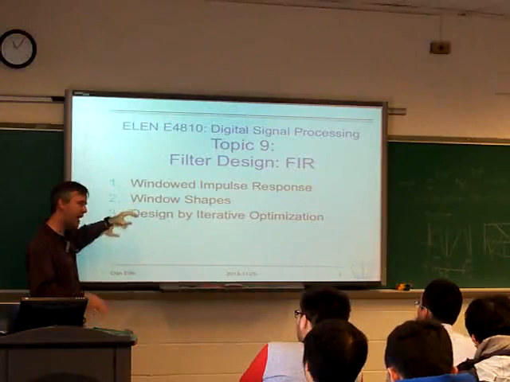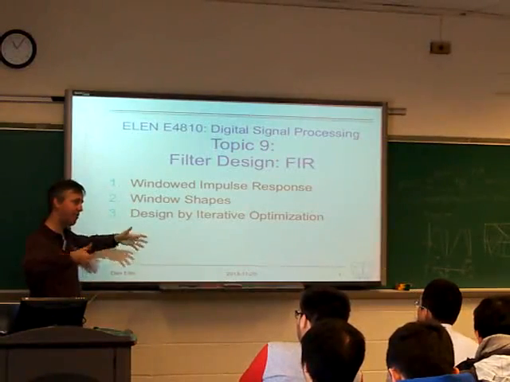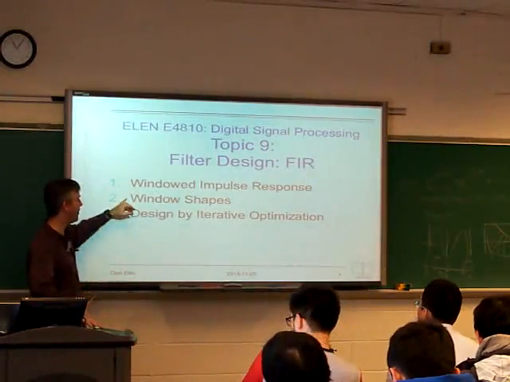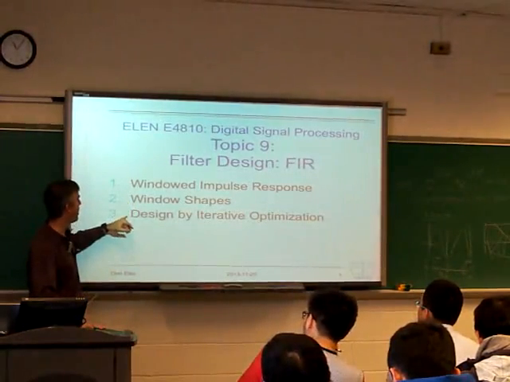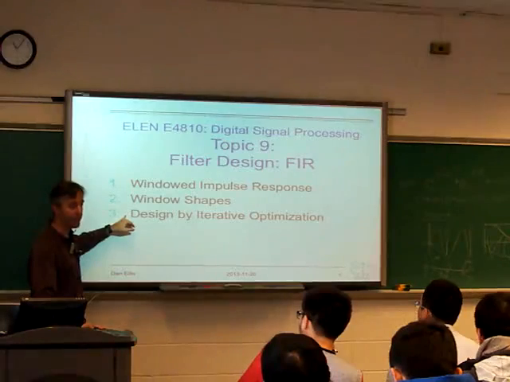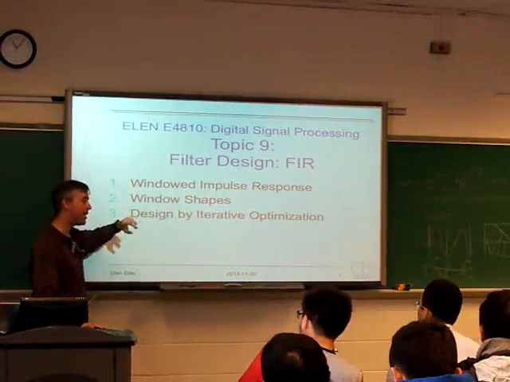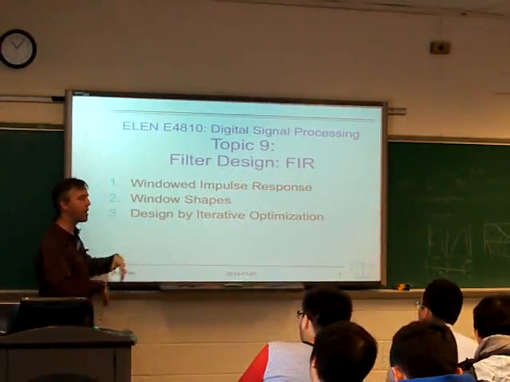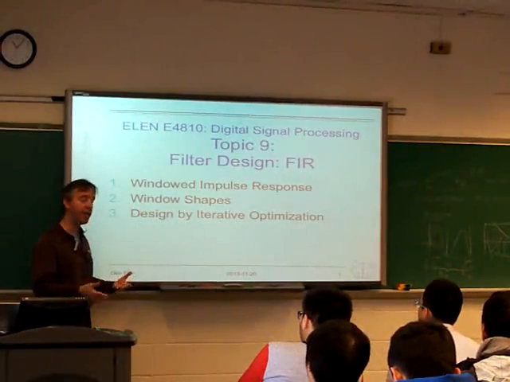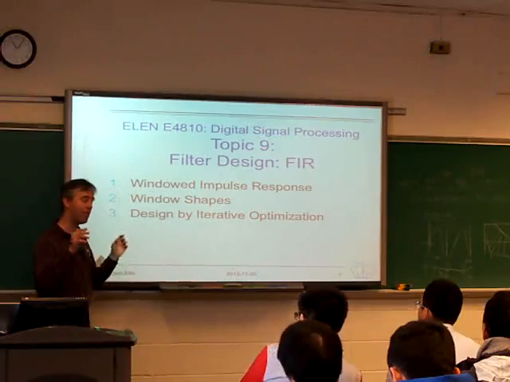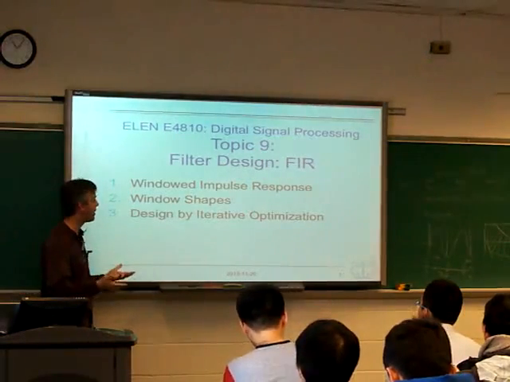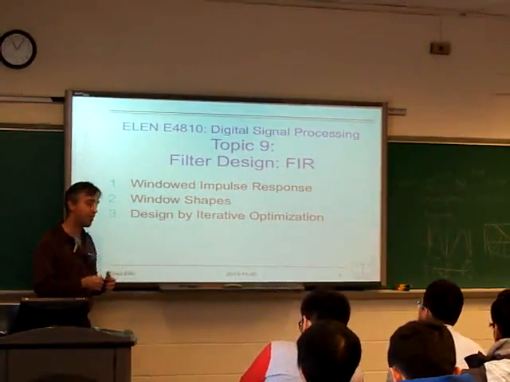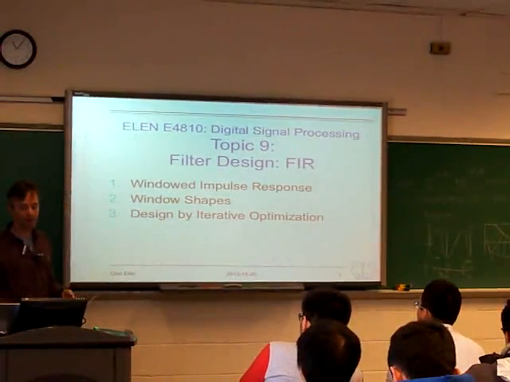There are other windows that have 0 over some range but non-zero over another range, which can have different properties. And then we'll get on to the actual practical technique, which is simply to have this thing we touched on briefly before, some kind of iterative procedure to try and optimize the approximation to the ideal filter that we want, optimizing whatever parameters we want. And that's actually a very practical thing to do.